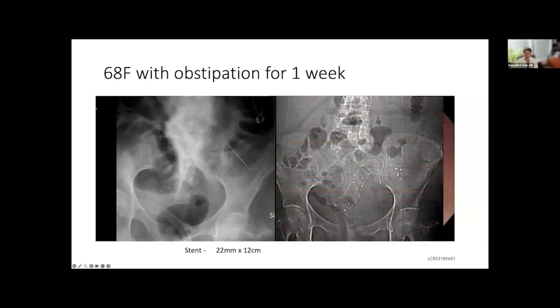So good thing to show here. Again, if you look at this picture, some providers will say, wait, this is sigmoid colon, it's much too angulated. There's no way that I'm placing a metal stent that's very angulated, almost 90-degree turn in a sigmoid colon.